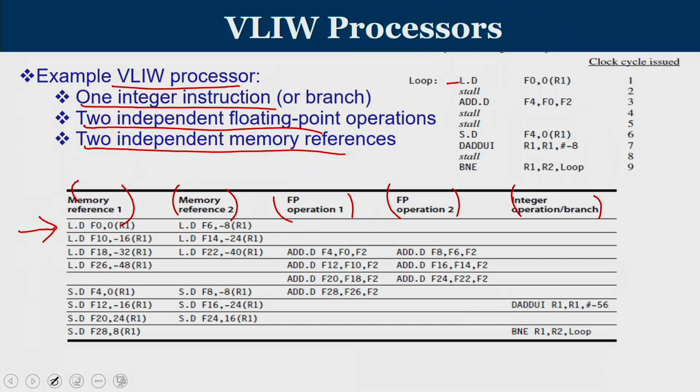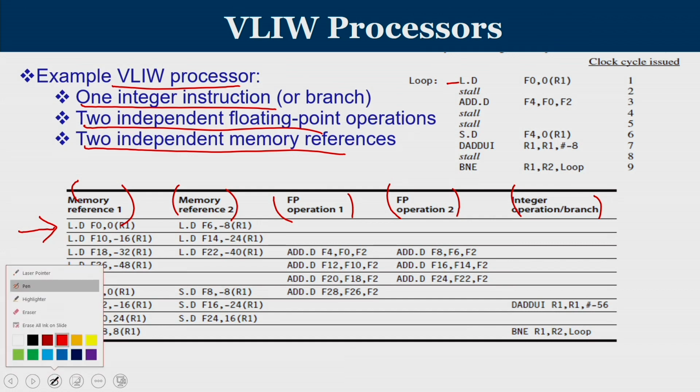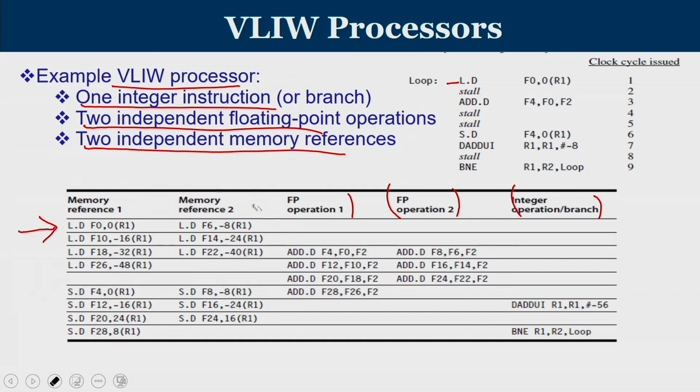So, what is the first instruction? The first instruction is load F0, 0 of R1. Now, this load and its corresponding add have to be separated by one cycle. So, this is the add that will go. So, this is cycle number 1, cycle number 2, 3, 4, 5 like that.